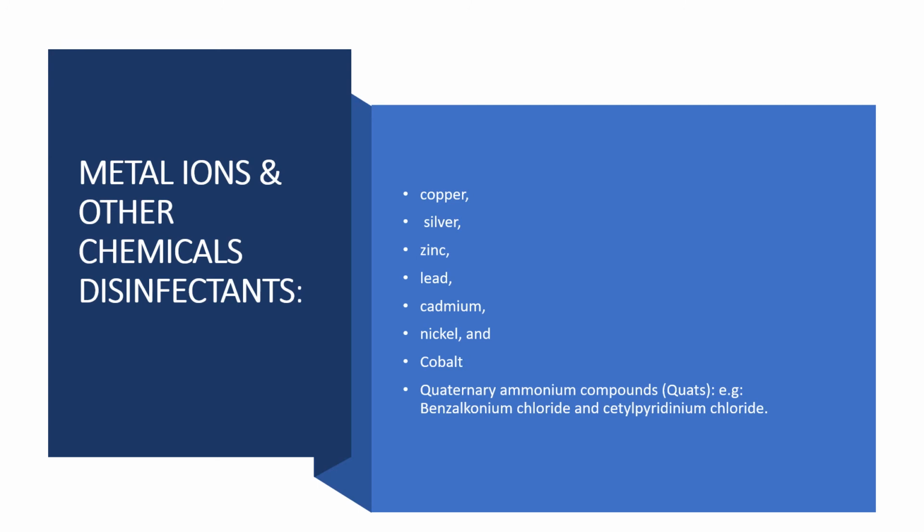Metal ions like copper, silver, zinc, lead, cadmium, nickel, and cobalt can exhibit antimicrobial activity. Other chemical disinfectants like quats, which are quaternary ammonium compounds, are surfactants having both hydrophobic and hydrophilic properties, like benzalkonium chloride and cetylpyridinium chloride. They can also act as disinfectants.